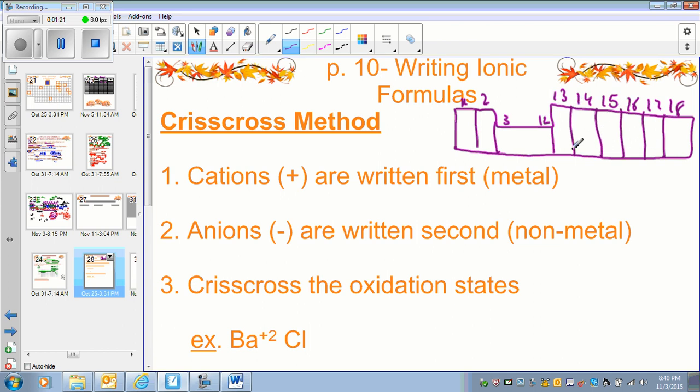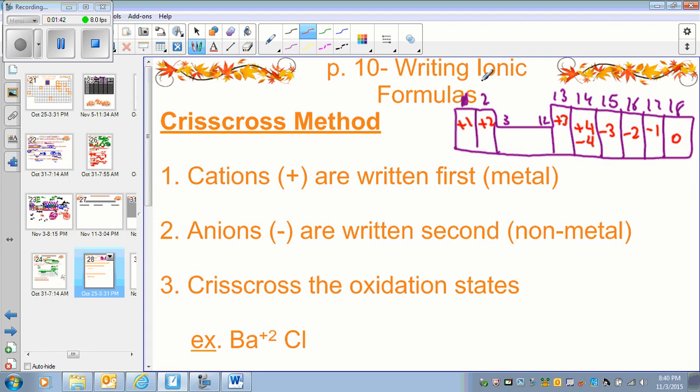So what are the oxidation numbers for all these groups? The oxidation number here is +1, +2, +3, -1, -2, -3. This could be +4 or -4, and this is 0.